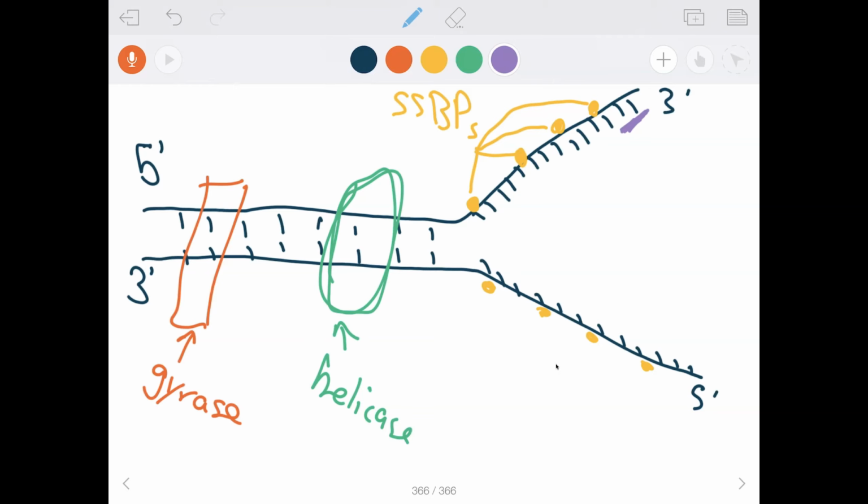The purple thing is a primer. Now, the primer's function is to tell the DNA polymerase where to bind.